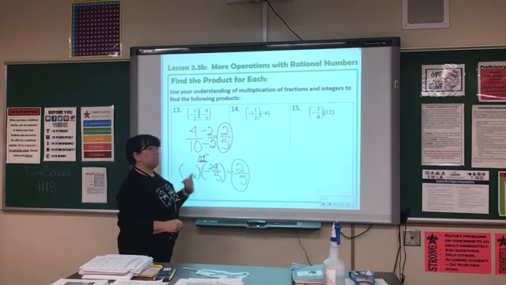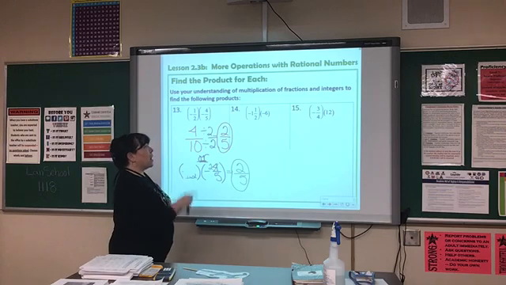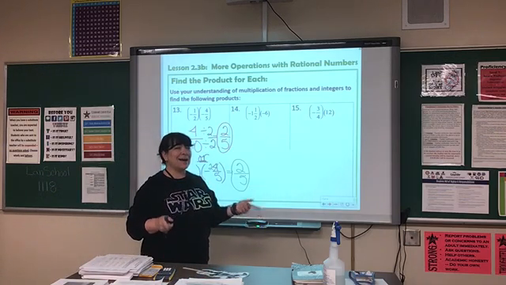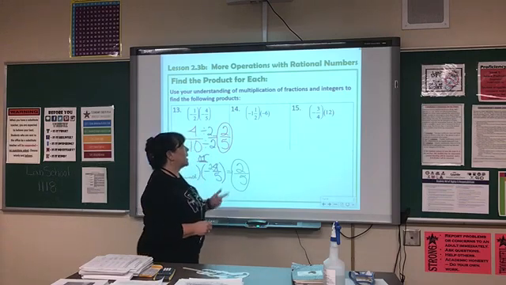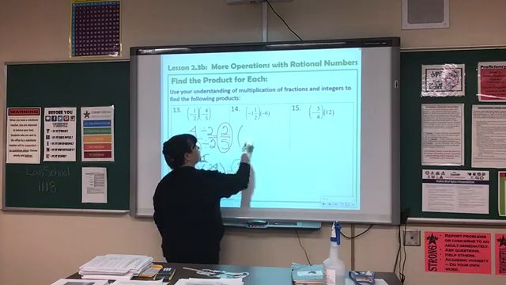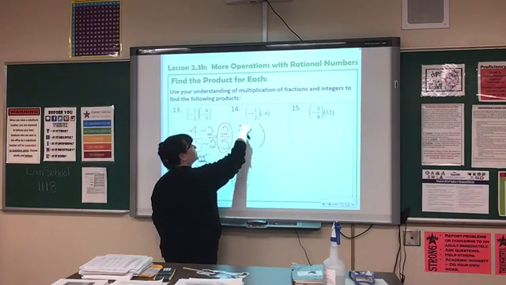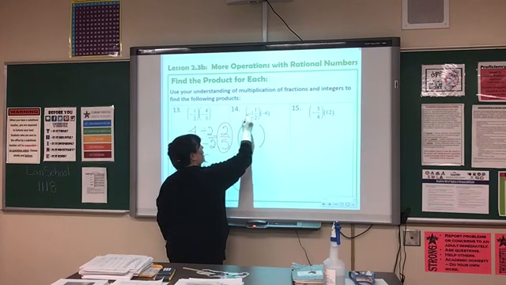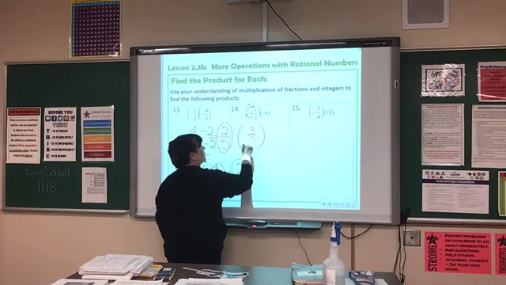Okay? Moving on. I have a mixed number. Oh yeah, mixed numbers. I gotta make them improper. So I'm going to take -1/2 and I'm going to change it up. I'm going to multiply and then I'm going to add. So 2 ones are 2, and 1 would be 3/2.